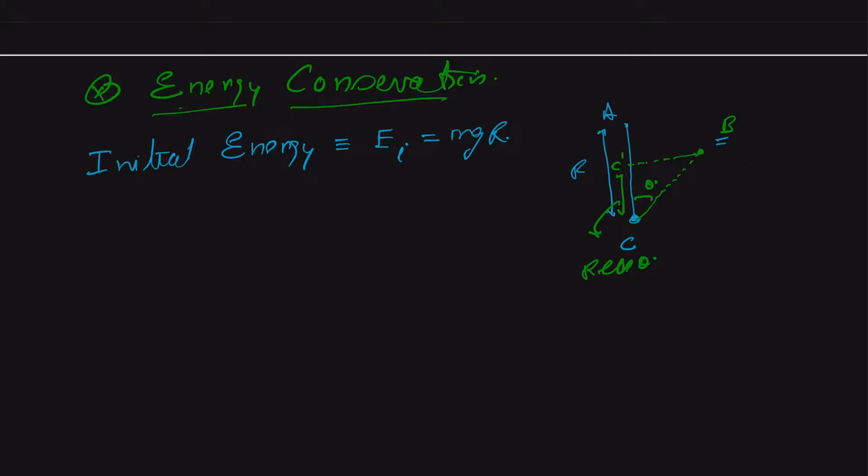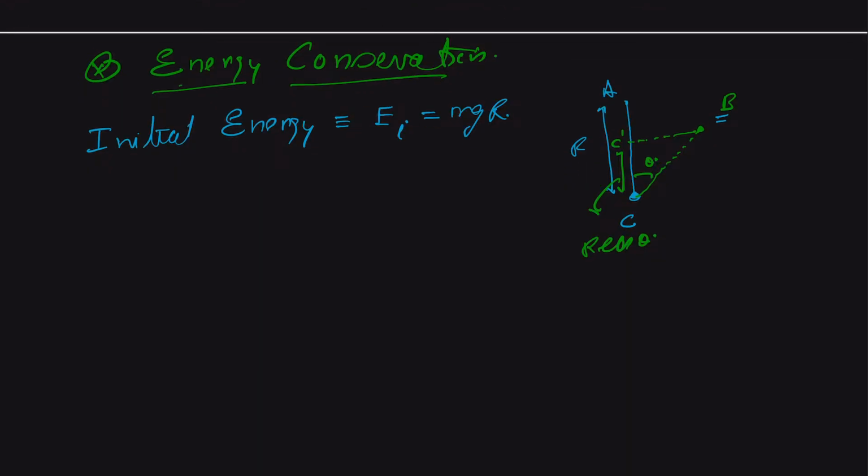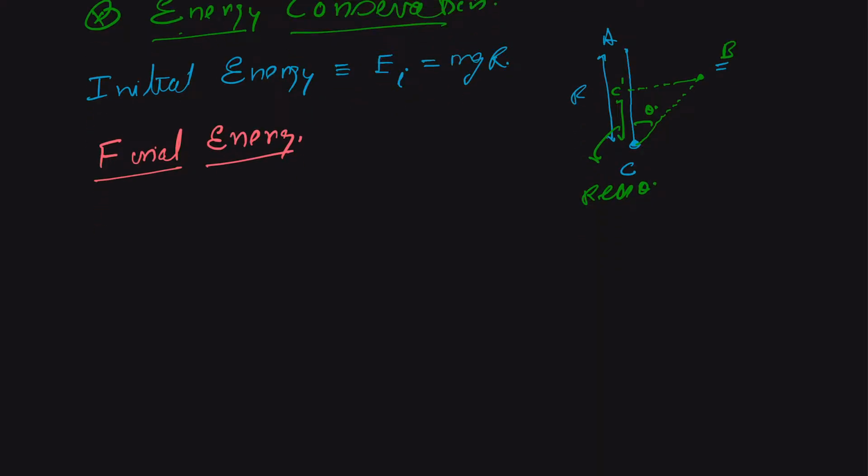And this final energy at point B will be our kinetic energy as well as the potential energy. First of all, we are going to write for our particle its potential energy, which will be equal to mg r cos of theta.